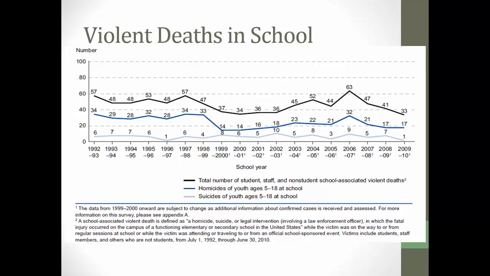So here's the trend on violent deaths in school. These are deaths that would include homicide and suicide up here. Down here is suicide. Here is the homicide. As you can see, for the years this data was measured, it varies in a small bandwidth between 34 as a high and 17 as a low.